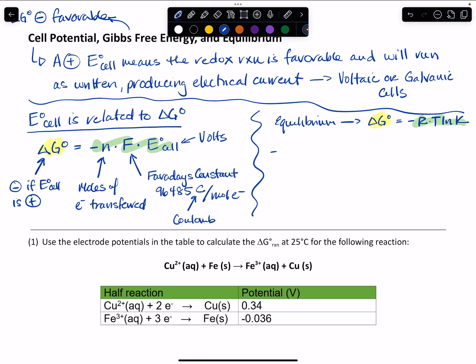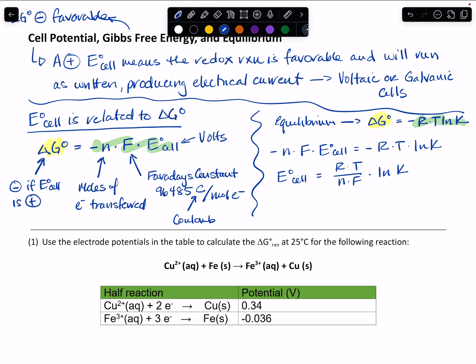So our relationship is going to be n times F times the cell potential equals negative R times T times the natural log of K. If we rearrange everything to solve for the cell potential, we'll find that the cell potential is equal to R times T divided by n times F, times the natural log of that equilibrium constant.